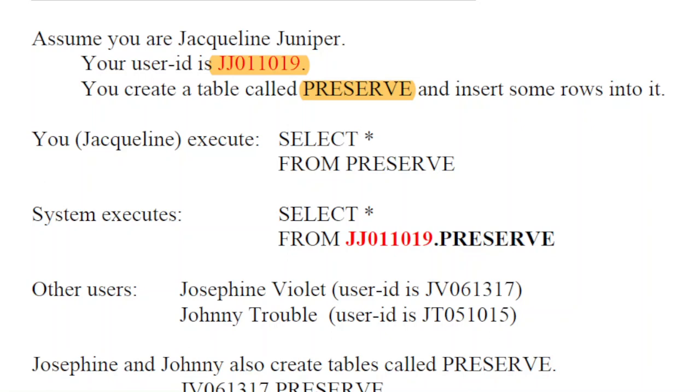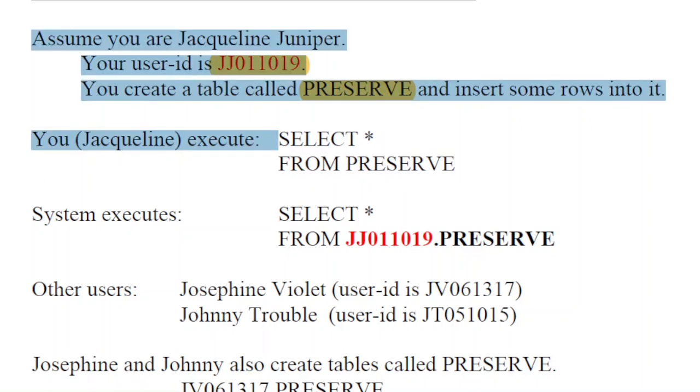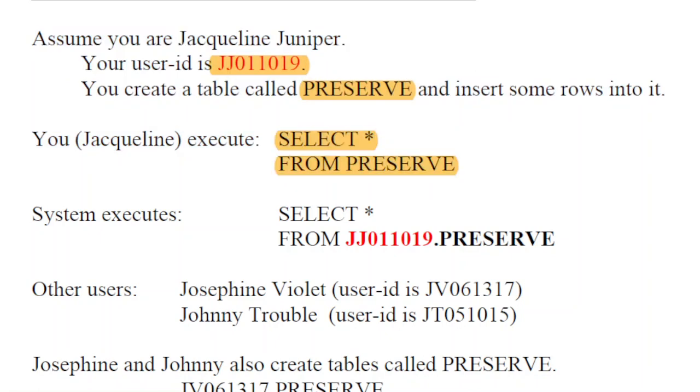After doing so, you, being Jacqueline, might want to look at the data that you've put in that preserve table. So you execute a simple statement, select star from preserve. The system automatically, under the hood, takes your user ID and plugs it in front of the preserve table.